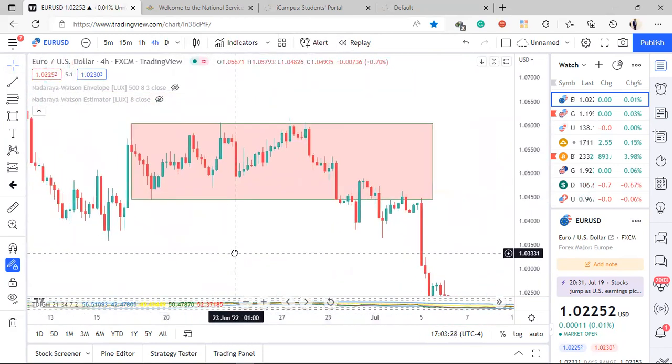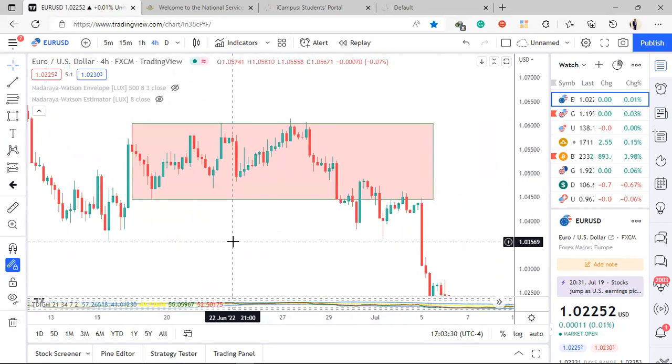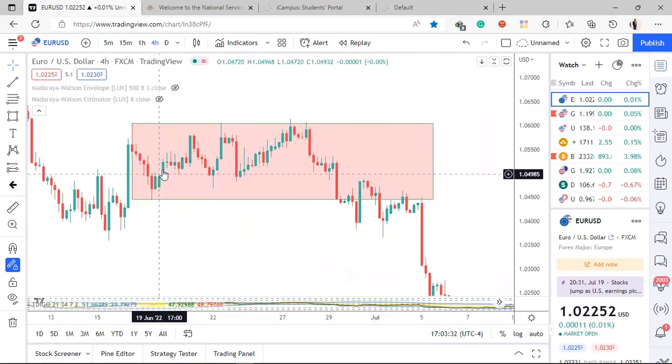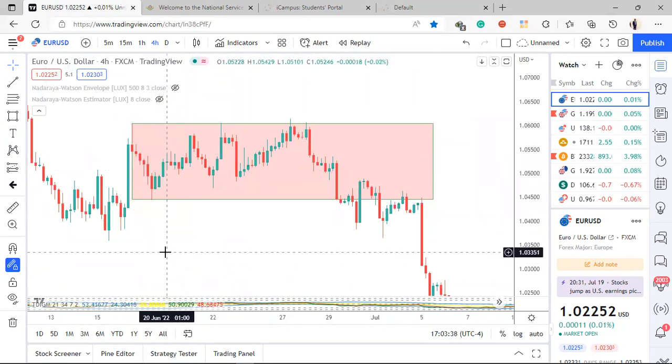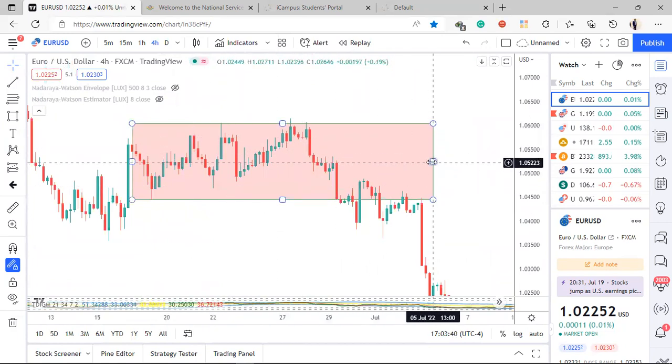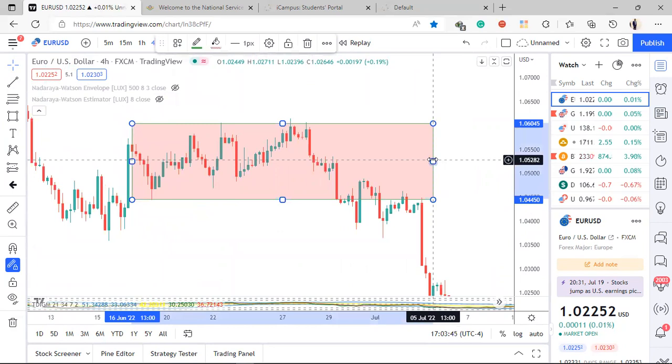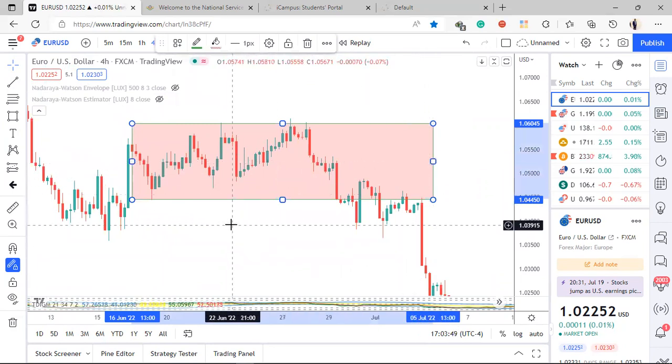You have identified that price is ranging, or price is consolidating. Even let me start from here so that I see something. No, this side is okay.